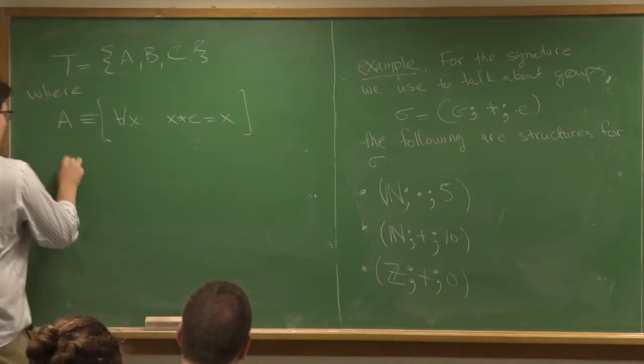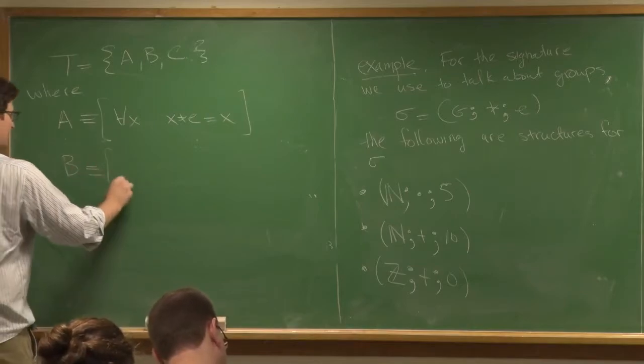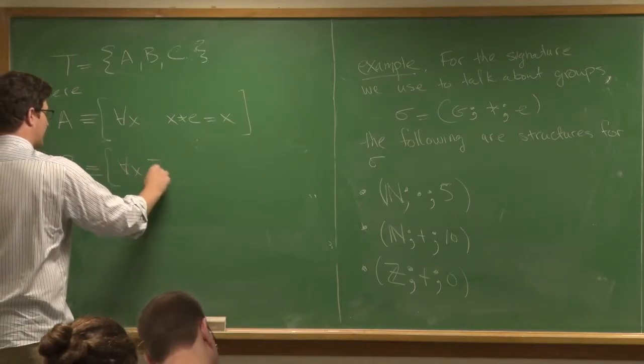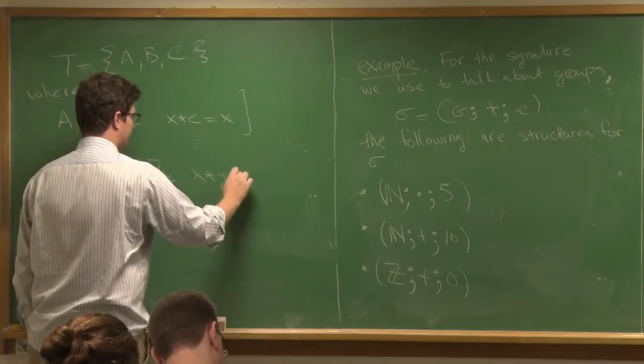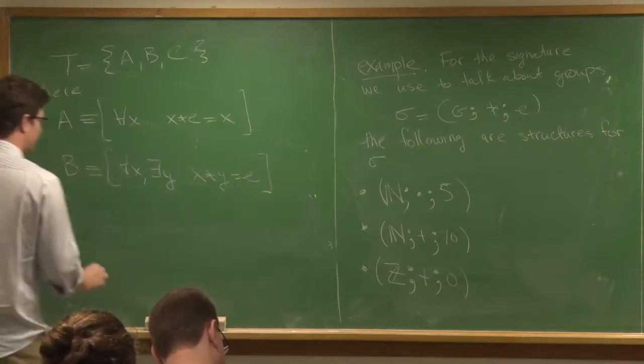B is the formula: for all x, there exists a y such that x times y is equal to E. So that there's a right inverse.